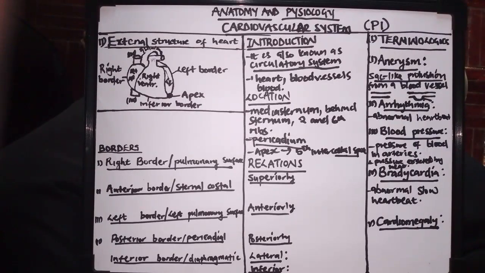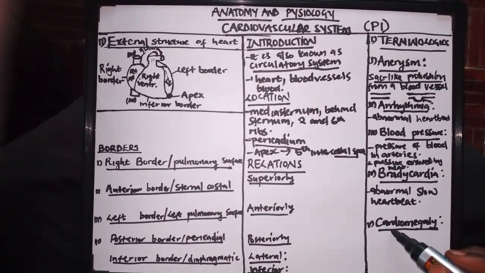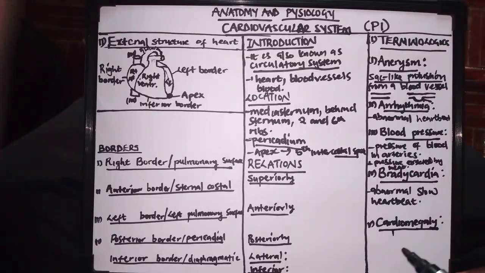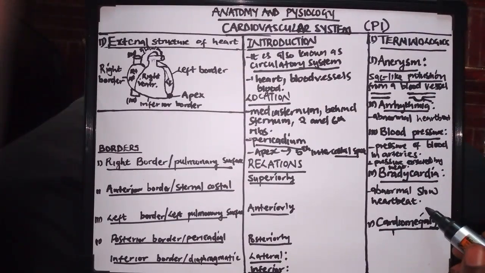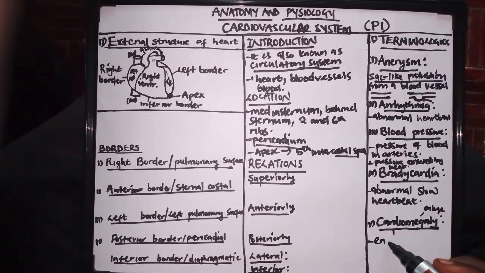Yeah. Then the last thing is the cardiomegaly. So what do we mean when we say cardiomegaly? Cardiomegaly is a combination of two words. We have the word cardio, which means heart, and we have the word megaly, which means enlarge. So cardiomegaly is just the enlargement of the heart.